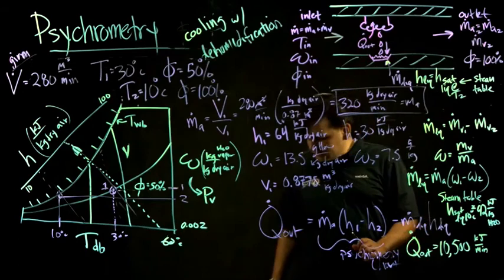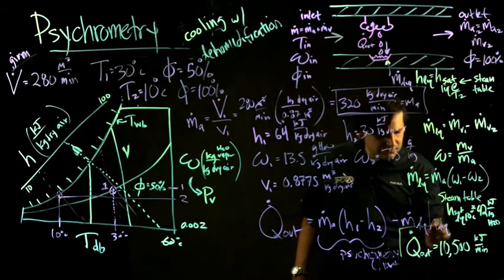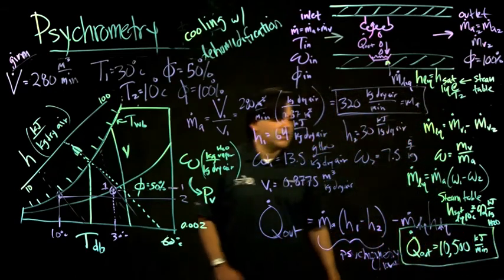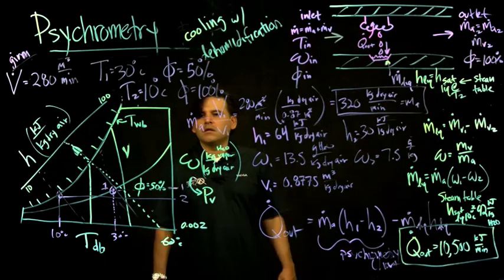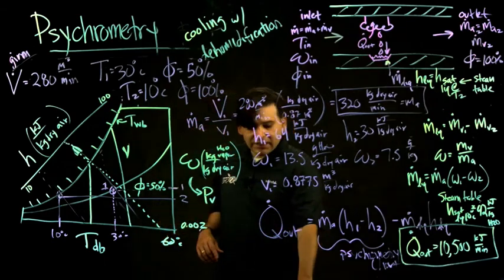After all these balances, it's 10,500 kilojoules per minute. So it's not in kilowatts, it's per minute. So that's how this balance would work, and that's how the psychrometric chart works.